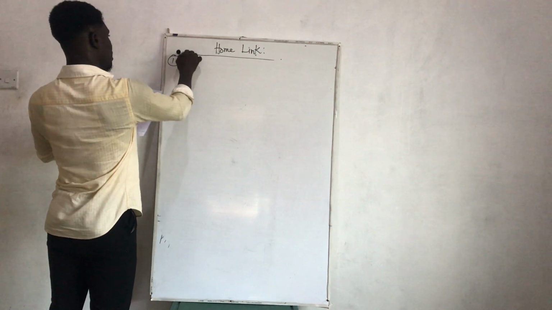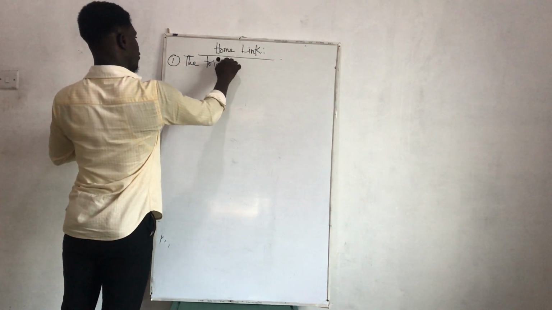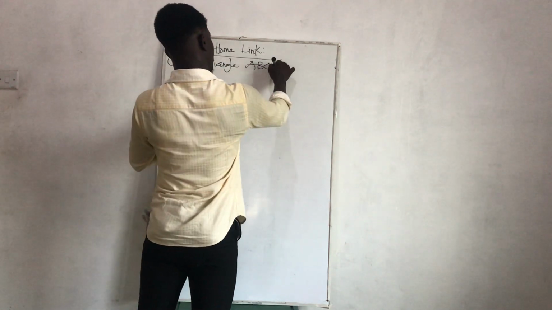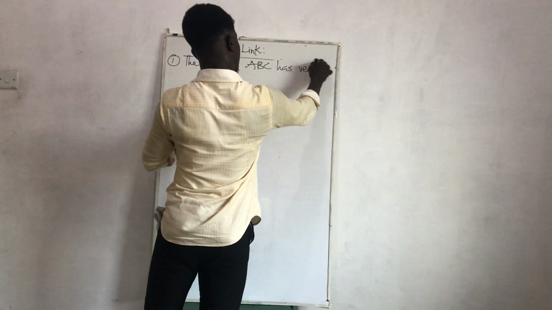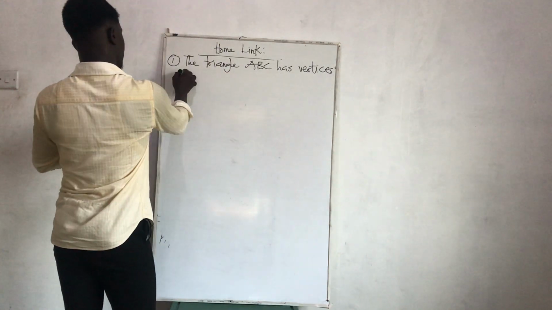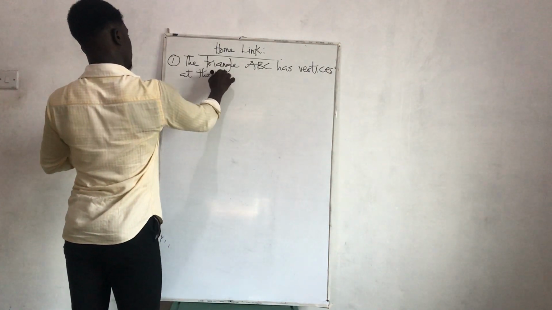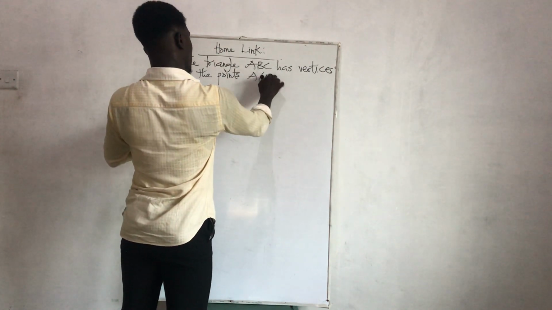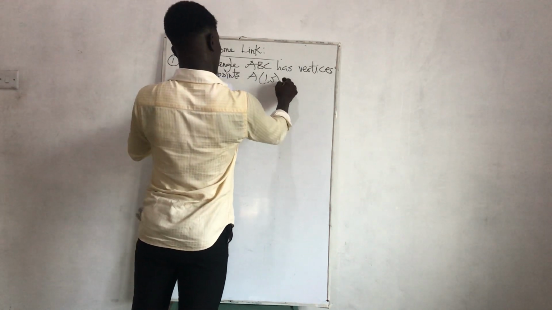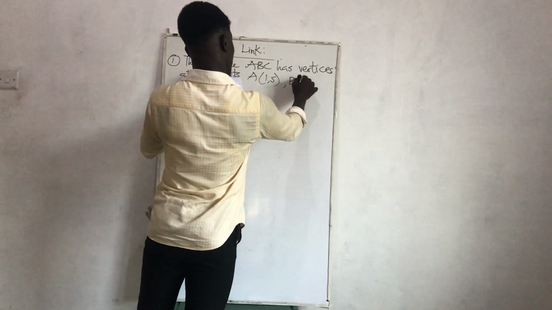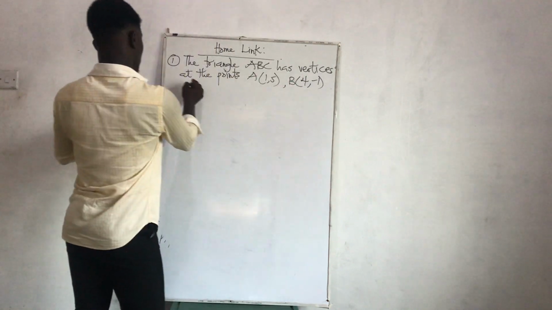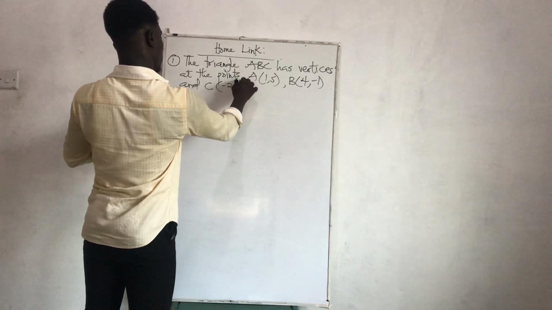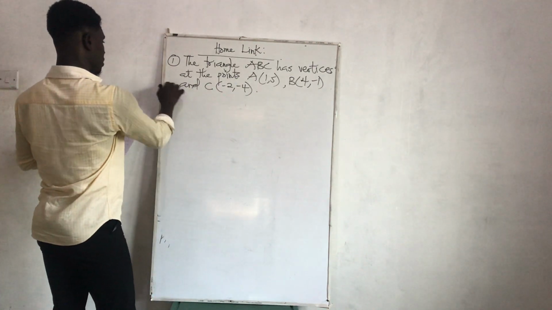It says that the triangle ABC has vertices at the points A(1,5), B(4,1) and C(2,4).